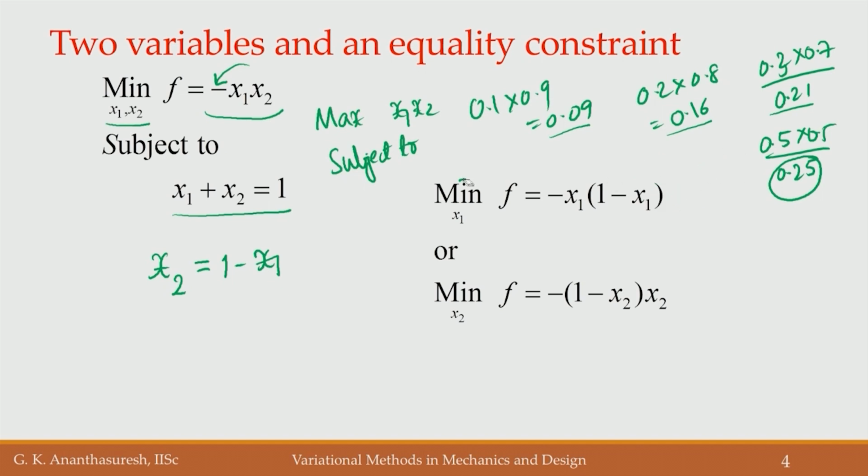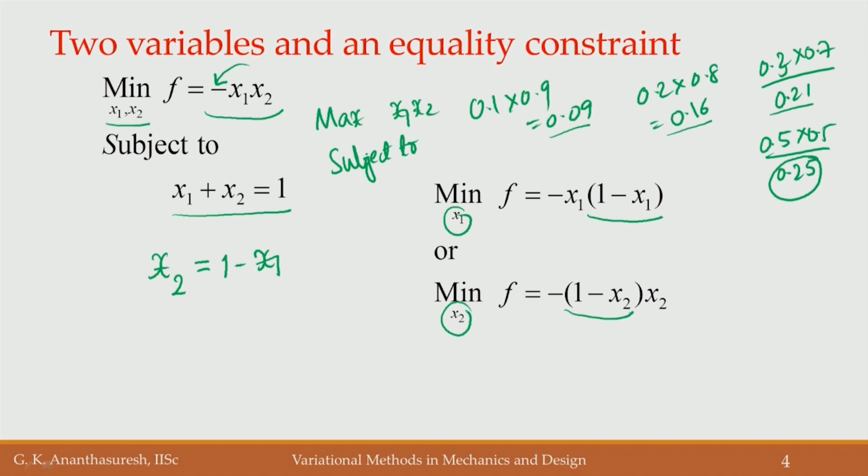We can eliminate x2 by writing it as 1 minus x1, then there is only one unconstrained variable, or I can eliminate x1 in terms of x2, then the variable will be x2. So, by eliminating one variable with the help of the equality constraint, we can make it unconstrained and solve the problem.